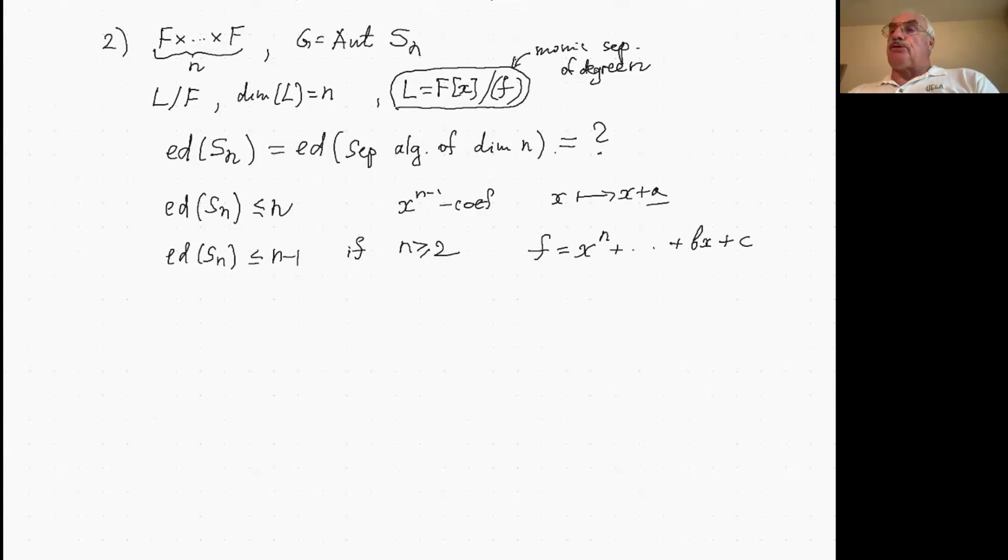So you lose one more unit, and can state that essential dimension of Sn is at most n minus 2 if n is at least 3. Well, Reichstein proved that essential dimension of Sn is at most n minus 3 if n is at least 5.